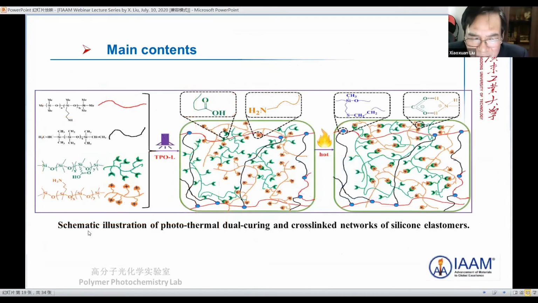This is the schematic illustration of the photothermal dual curing of the cross-linking network silicone elastomer. This is the raw material, the precursor.